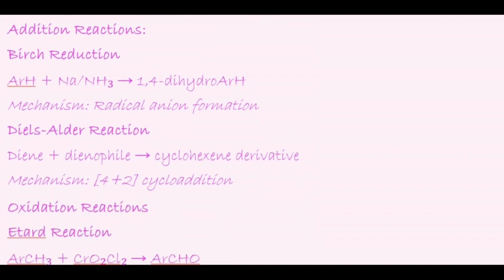Coming back to addition reactions. Birch reduction. So Birch reduction happens in the presence of a reagent, which is important: sodium with ammonia. Okay, so it is giving you a 1,4-dihydro aromatic ring, from benzene. And Diels-Alder reaction, a diene should be there, and a dienophile. For example, diene means here you can take a two double bonded system.